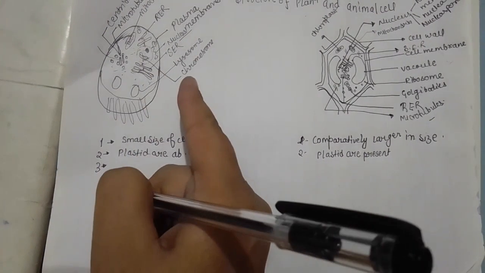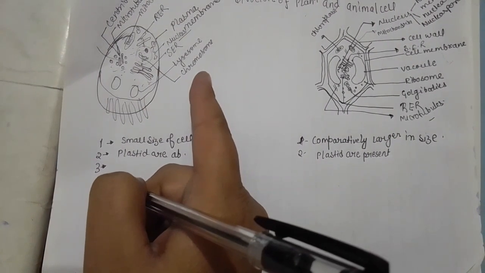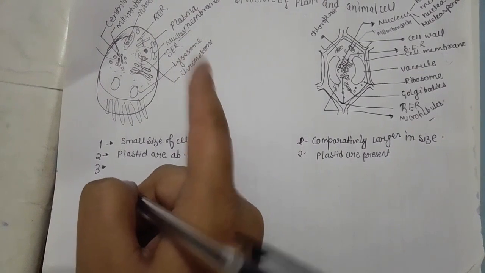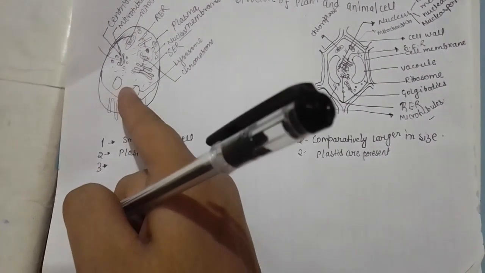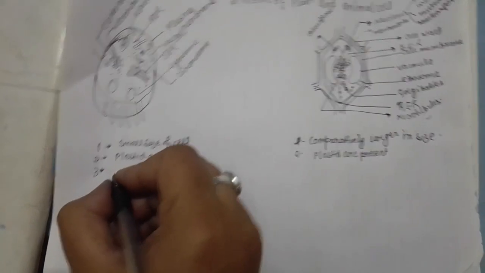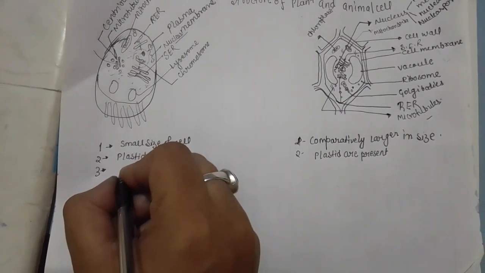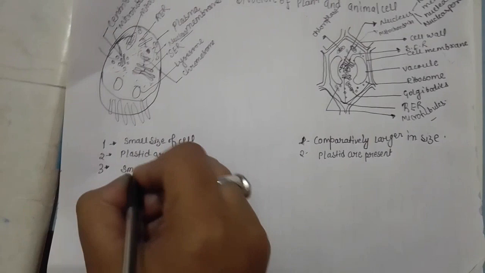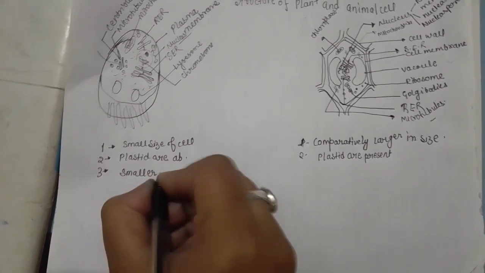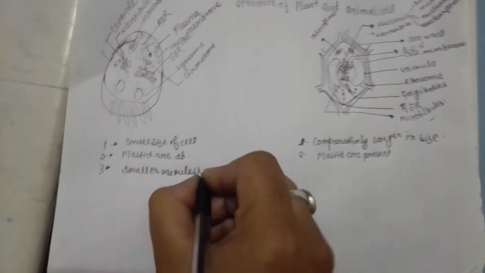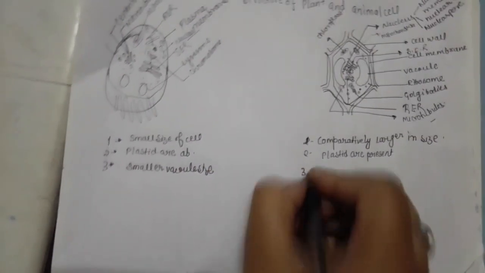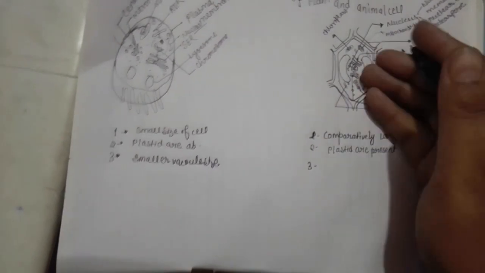The next point, in the animal cell, the cytoplasm consists of largely or small vacuoles. Means sometimes the vacuole is large and sometimes the vacuole is small. So here we can write smaller vacuole size, and the size of the vacuole here is comparatively larger.